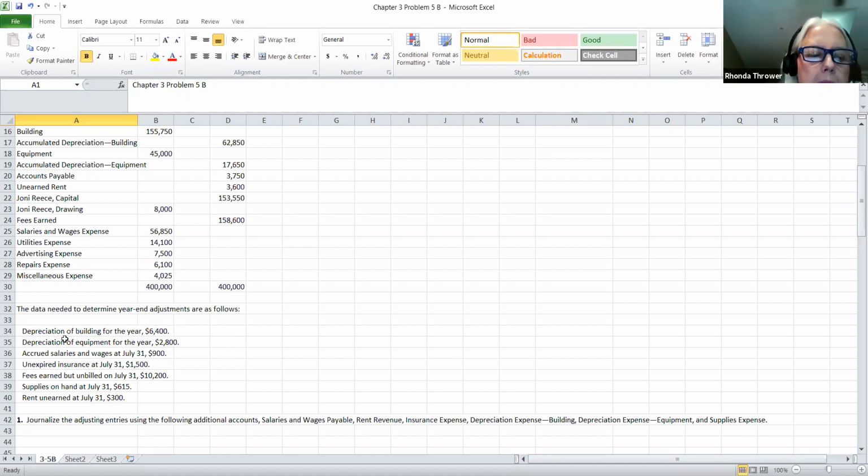So when we make adjusting entries, we want to record depreciation as the allocation of the cost of the building over the life of the building. In this chapter, they're going to give you the amounts for depreciation expense. You're not going to have to find them. And so the amount of the depreciation for that building for this year is $6,400.